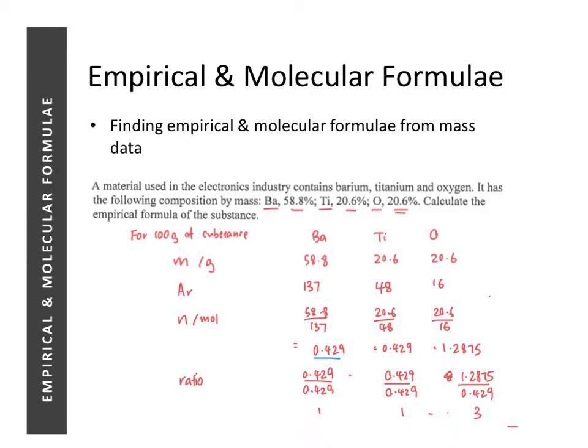The ratio of barium to titanium to oxygen is 1:1:3. That would mean that the empirical formula is BaTiO3: 1 barium, 1 titanium, and 3 oxygen.